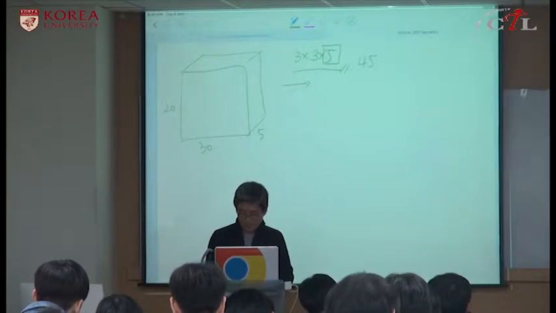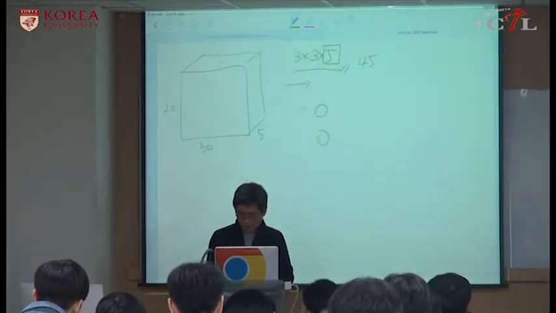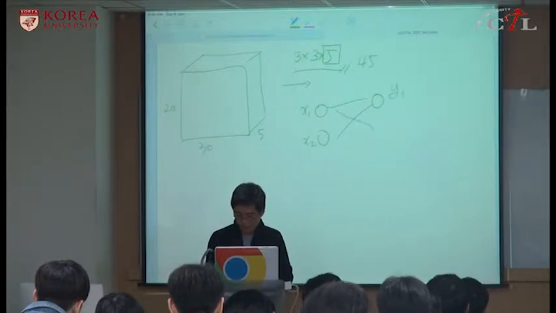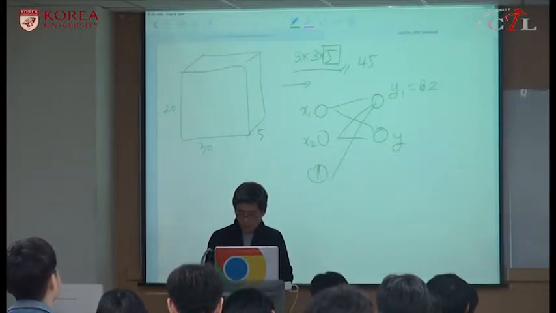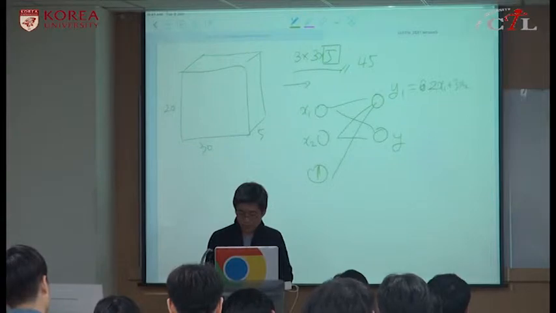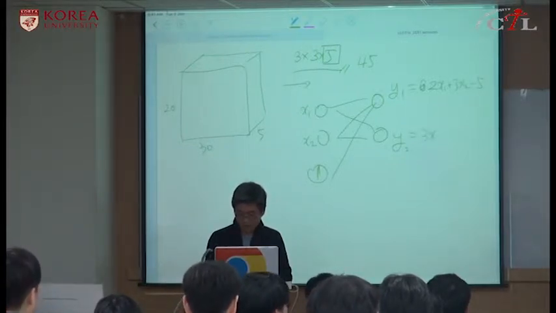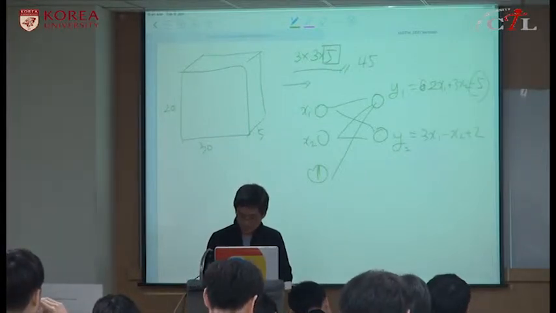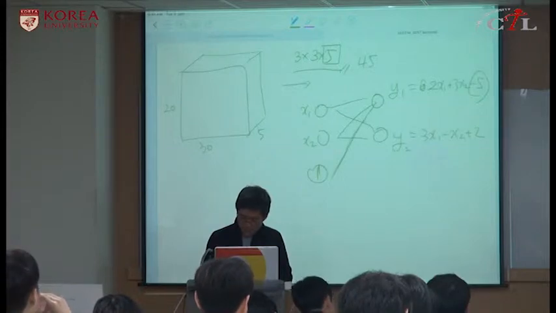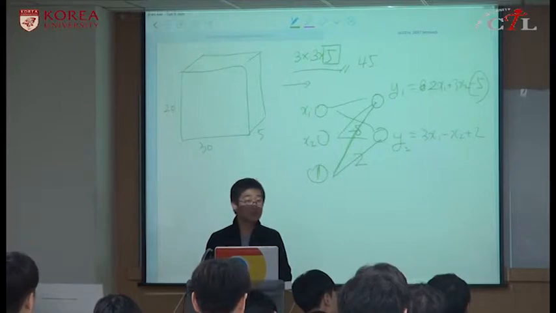So this is x1, x2, and y1, and y2, and here 1, and then y1 could be 2x1 plus 3x2 minus 5, and then y2 will be like this, and the bias for this has the weight of negative 5 and this one 2, right?